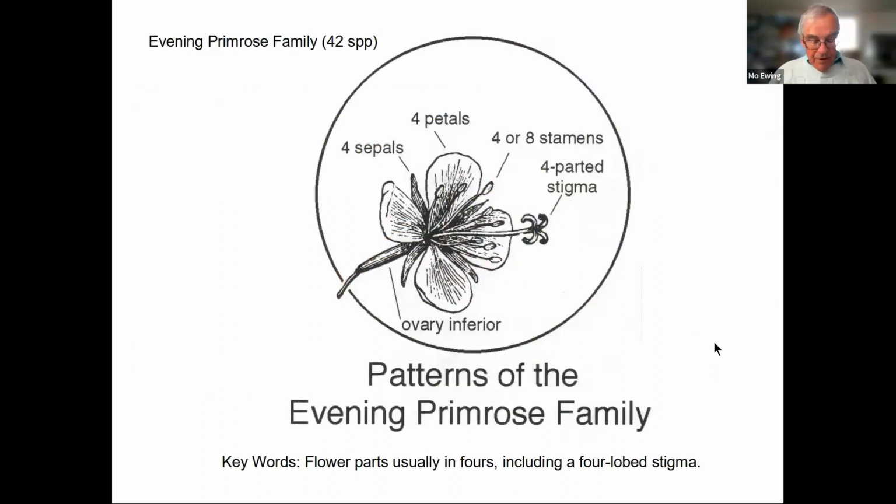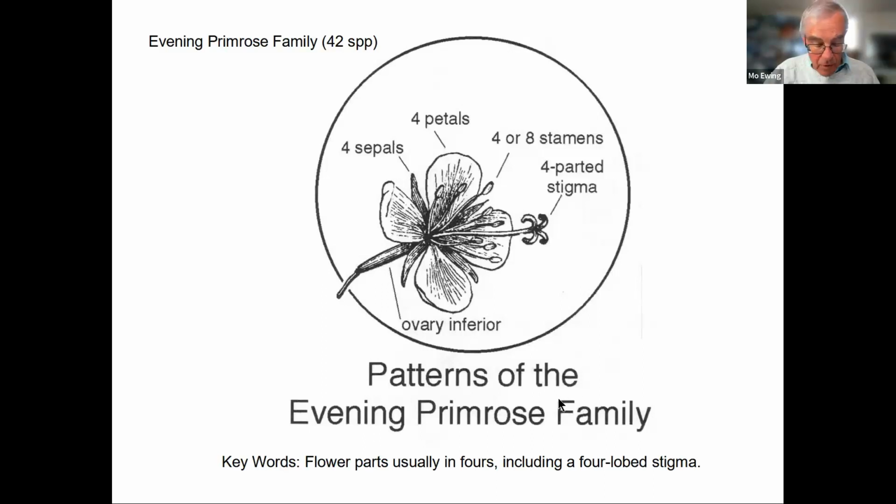Okay, the next one is the evening primrose family, Onagraceae. There are 42 species. The key words are flower parts usually in 4s, 4 sepals, 4 petals, rarely 2, 3, or 5 of each.